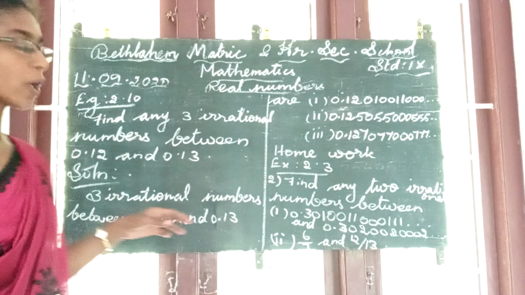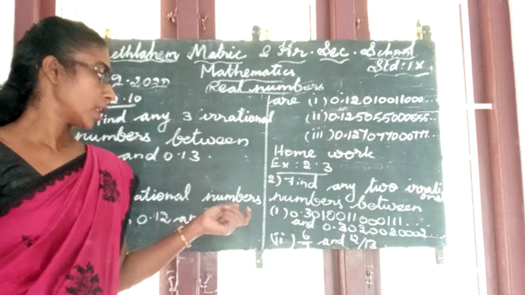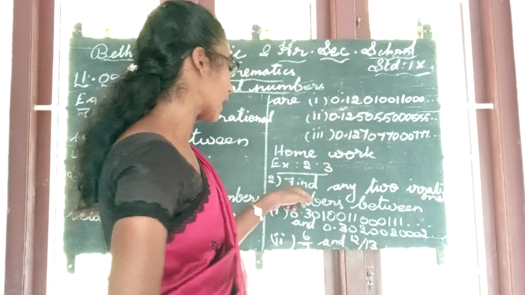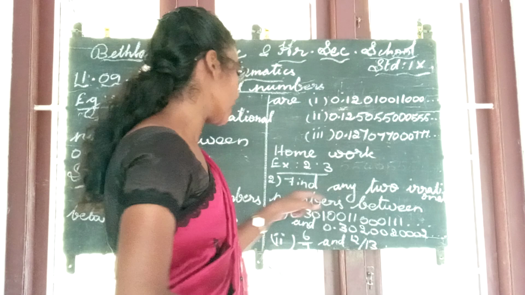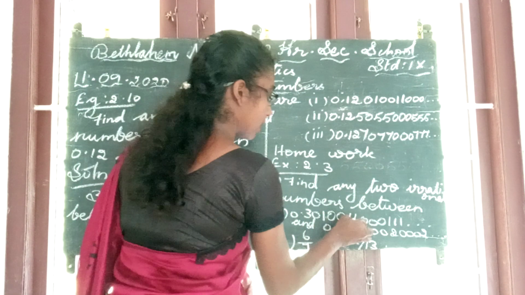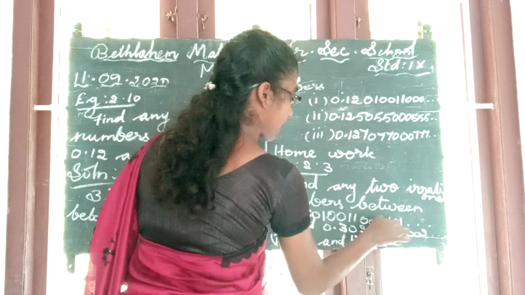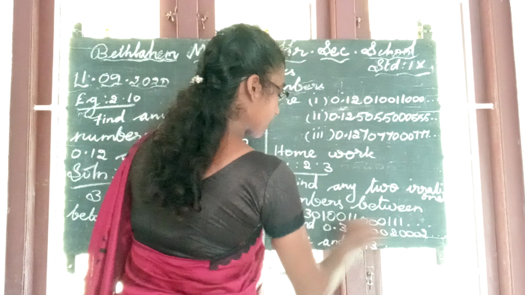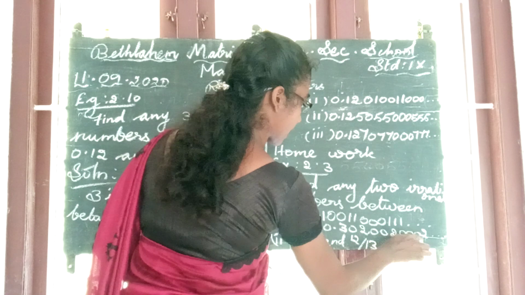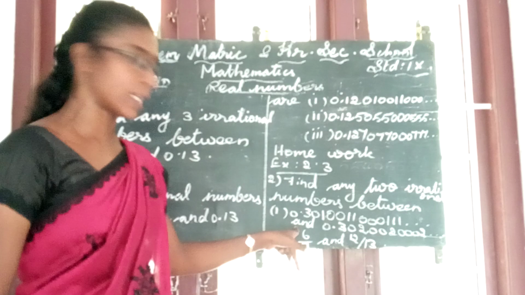Can you do two problems as homework in the same method? Okay. Homework, exercise 2.3, second problem. Find any two irrational numbers between 0.30100 1100011 and 0.302002 etc. I have to write two numbers between these.